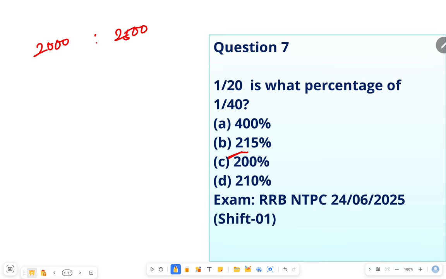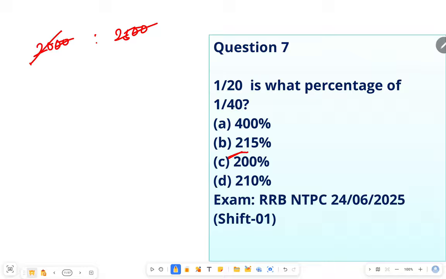If I ask you to change it in the form of percentage, you will go from this method: 2000, 2500, then multiply by 100. That is fine, you will get the result. But in the examination, this is going to be a lot of time and calculation, and it will kill your time and productivity. So instead of doing that, you can do this.